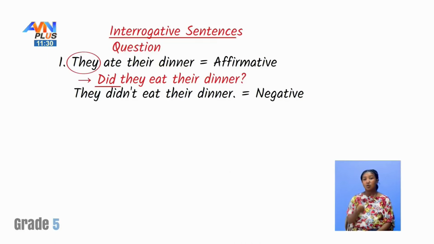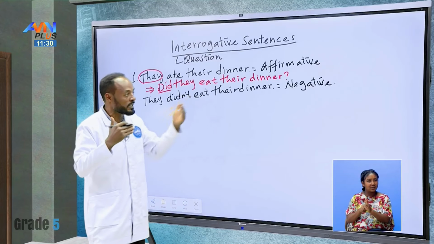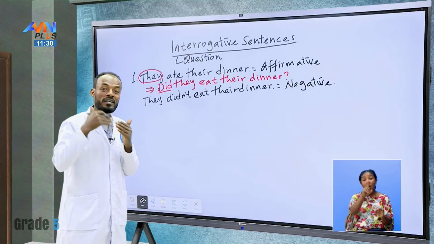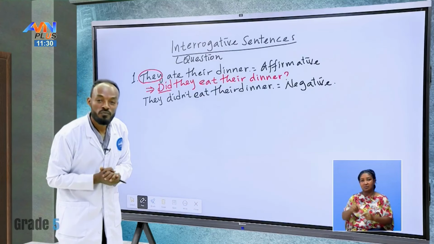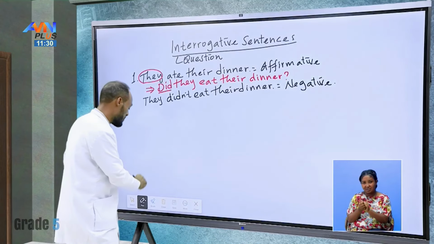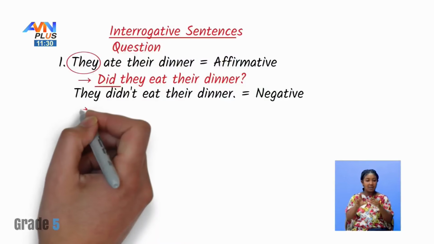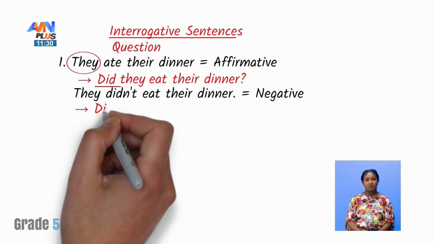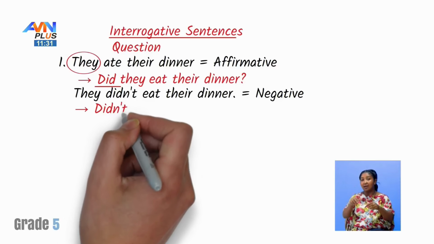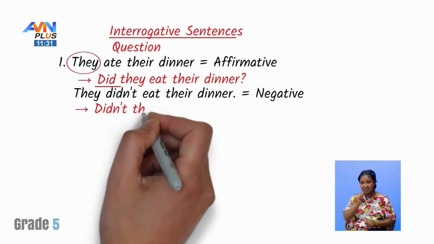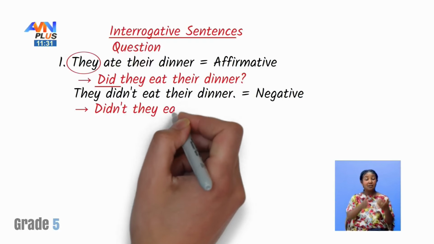Look, students. How can we change this negative sentence into question form? Still, we have to start from did, then not. Didn't they? The subject should be here.